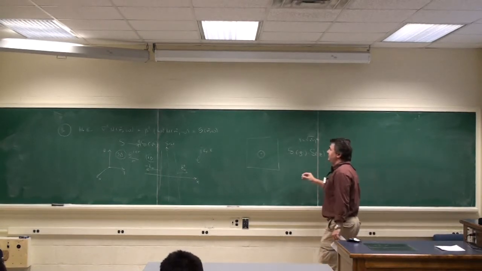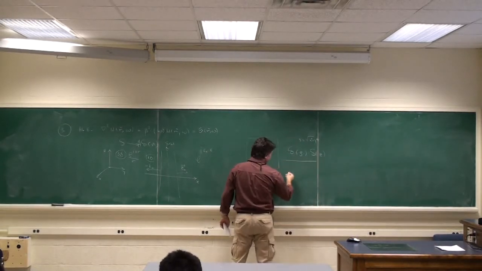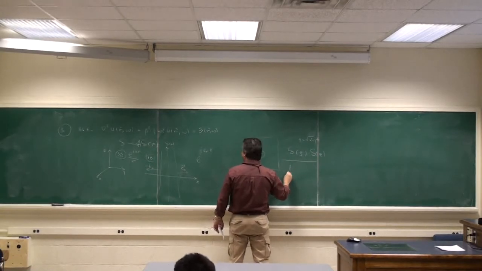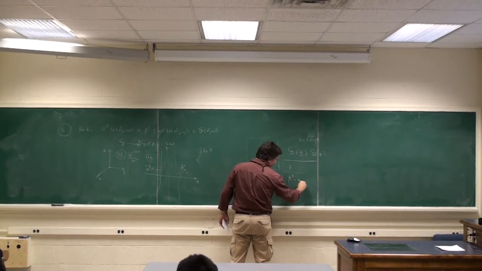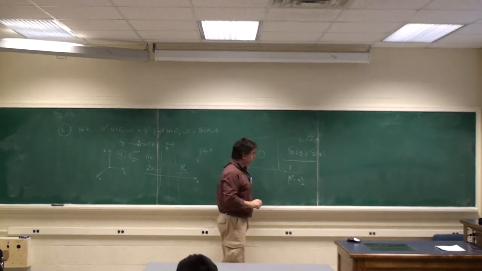Why don't you do this integral and you'll find out. So the integral is 1 over beta squared minus, I call it k perpendicular squared, where this is kx squared plus ky squared.